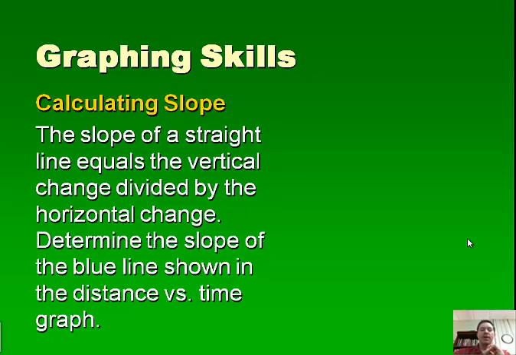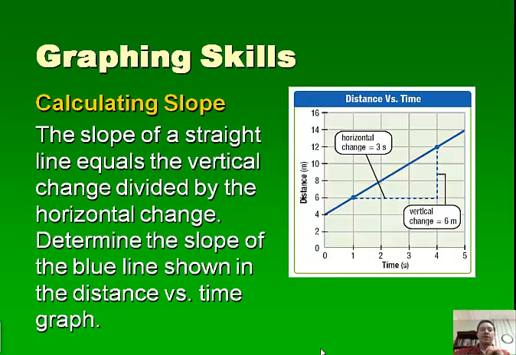Determine the slope of the blue line shown in the distance versus time graph. So we want to figure out what the speed is. We've got, again, distance versus time. I'm going to go through two different ways of doing this. There's a longer mathematical way, but a real quick and easy way is if we've got 2 points that fall directly on that line, 2 intersecting points on graph paper.